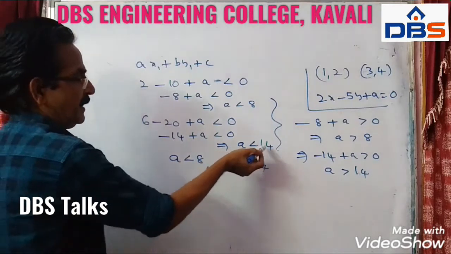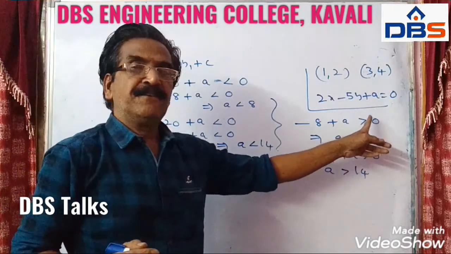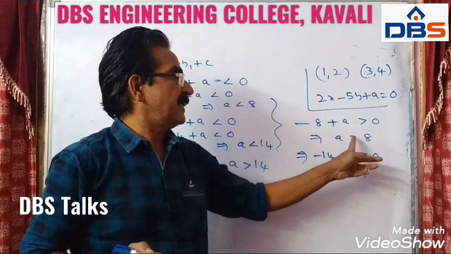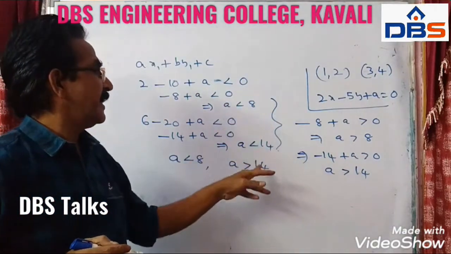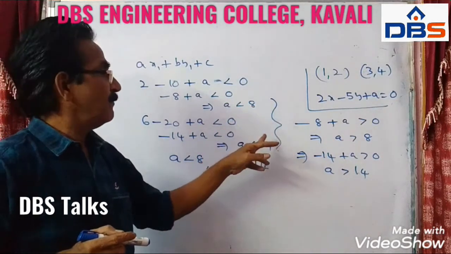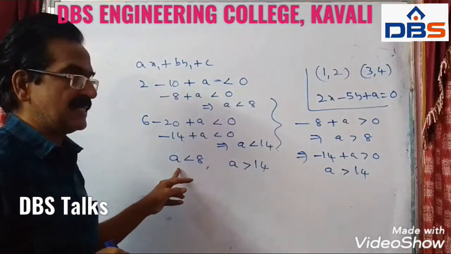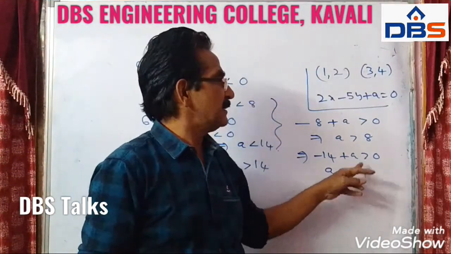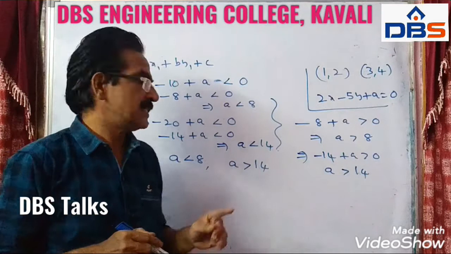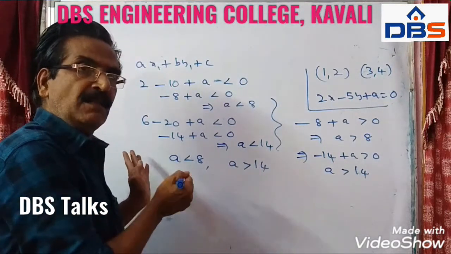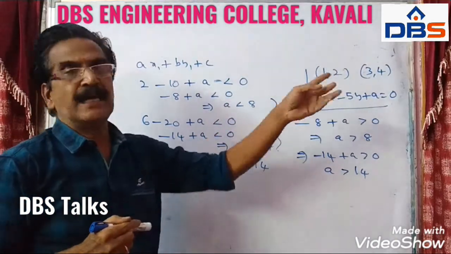And again the same thing, a less than 14. If you take greater than, a greater than 8, a greater than 14. So combining these two values, a less than 8 means a is less than 14 also, so we take a less than 8. A greater than 14 means it is greater than 8 also, so we take a greater than 14. So the final solution is all the values less than 8 and all the values greater than 14 that a has to take.